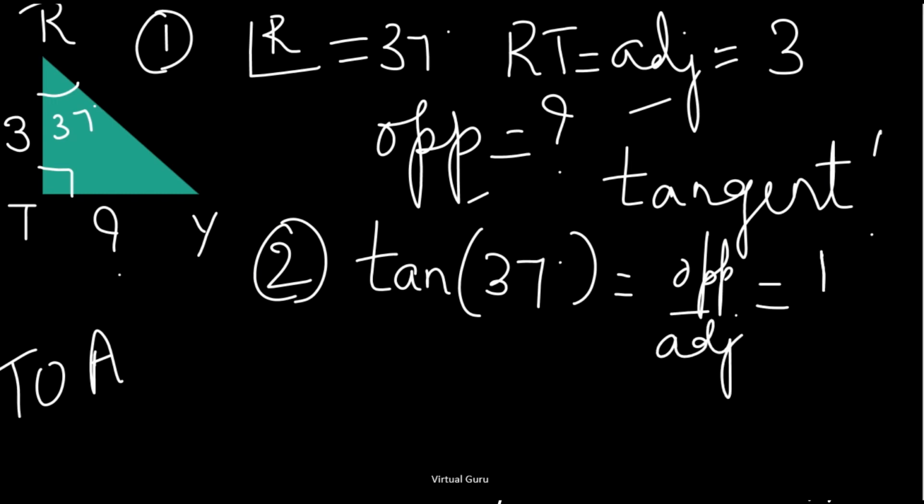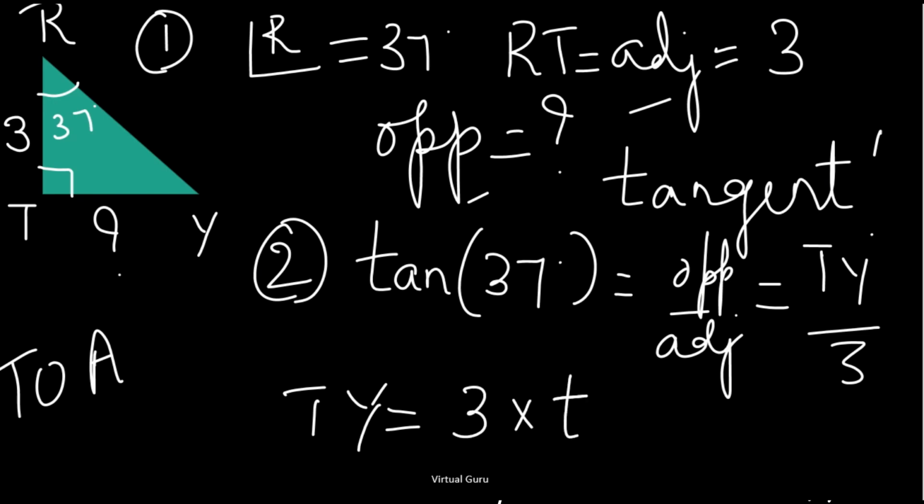We can name it as TY only. And the adjacent we already know, that is 3. So TY, after substituting, we have to evaluate it. That will be step 3. TY is equal to 3 into tan 37 degrees. So going back to our calculator.